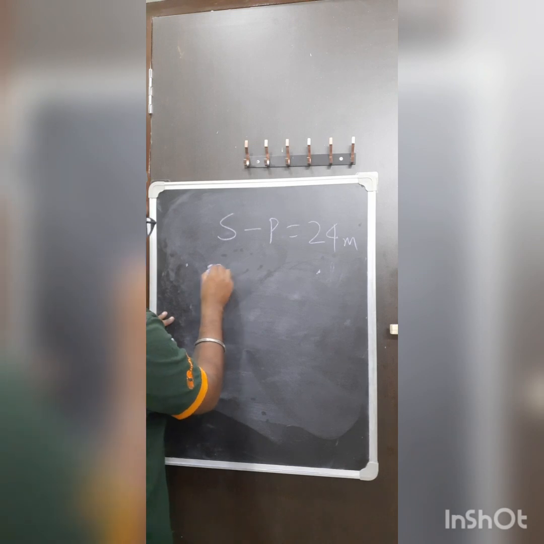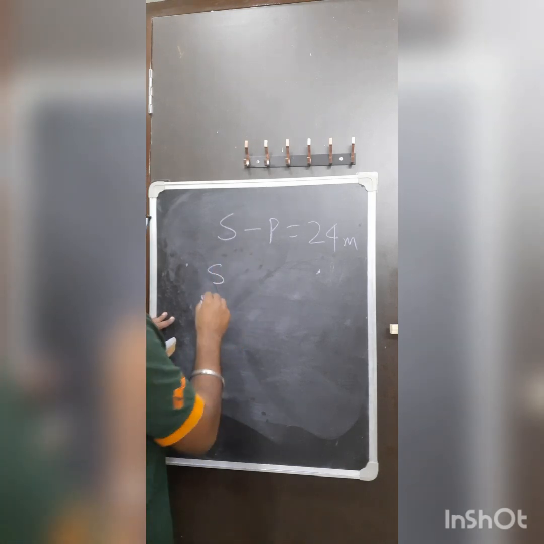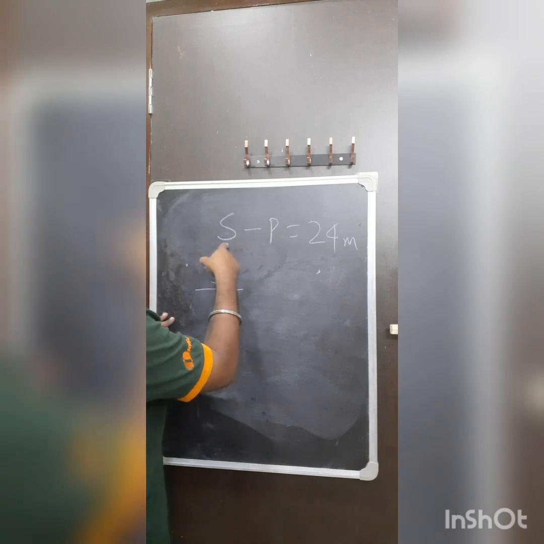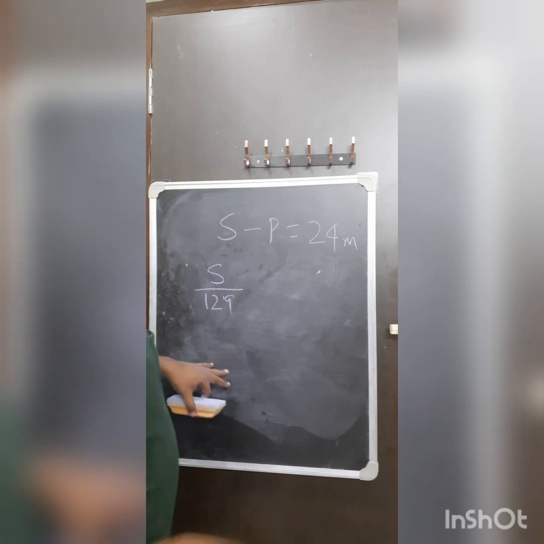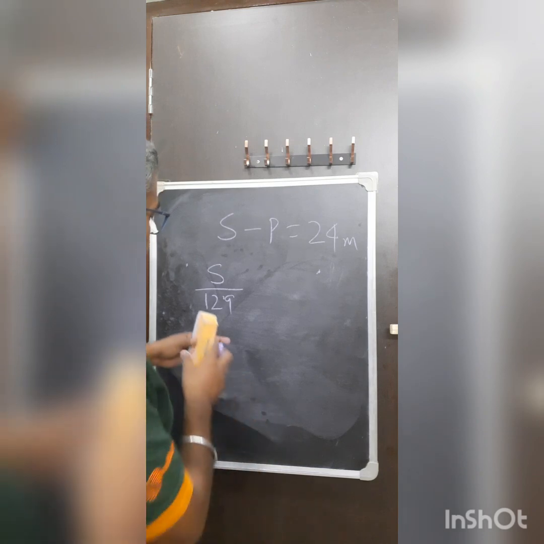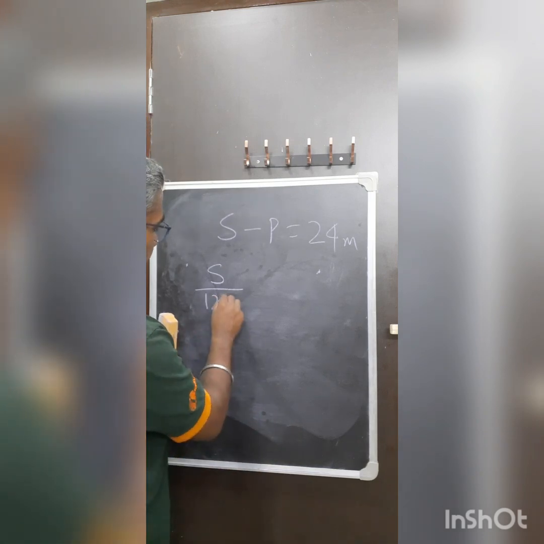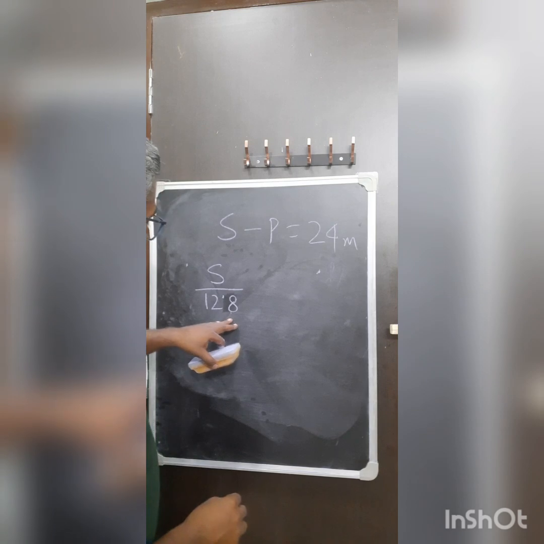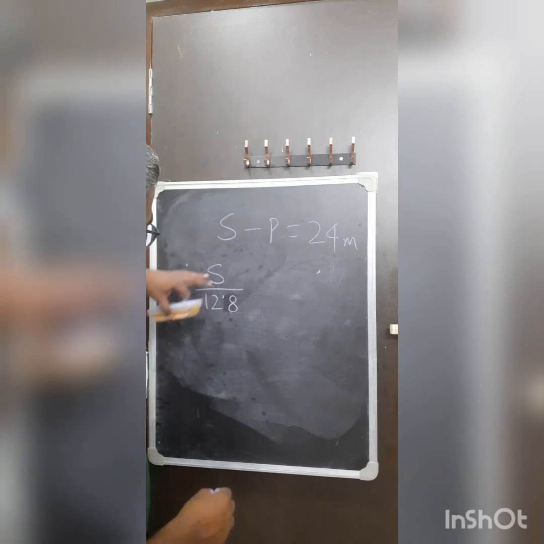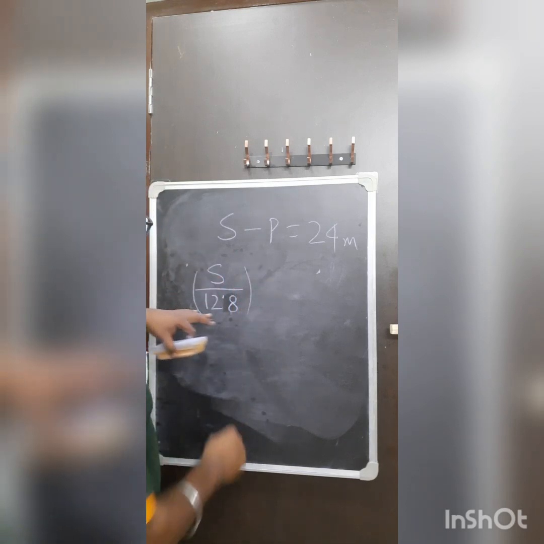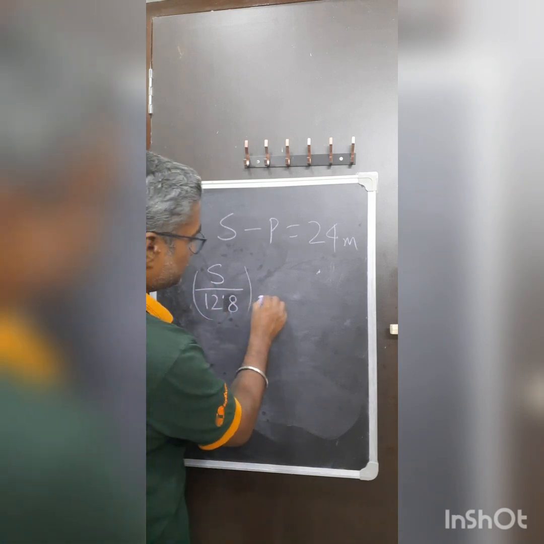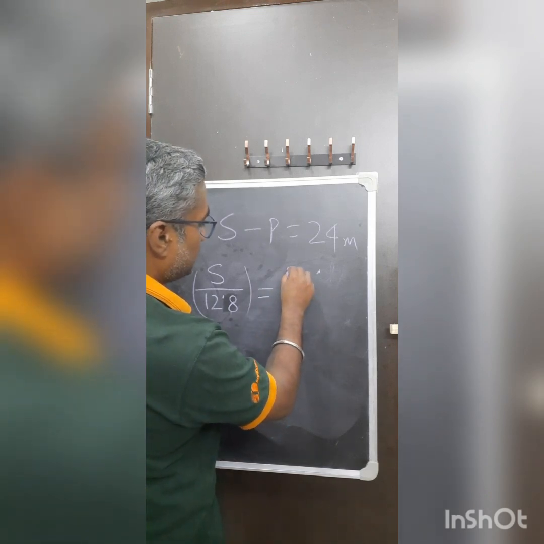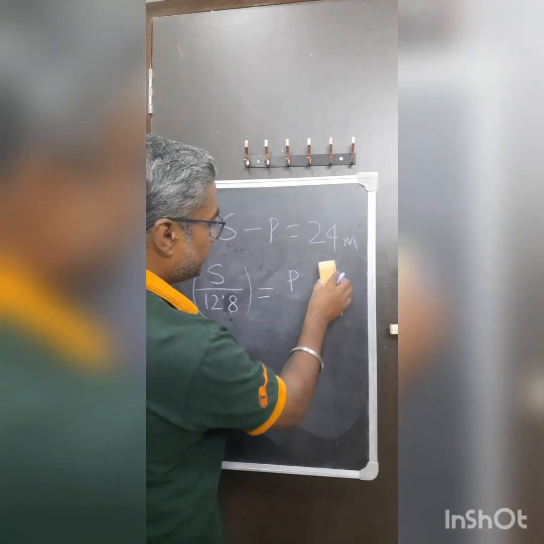So the total material S divided by the rate of consumption per day, Stitchman consuming 12.8 per day, gives the number of days he could consume the total material he has. This must be equal to the days the Pantman has consumed.